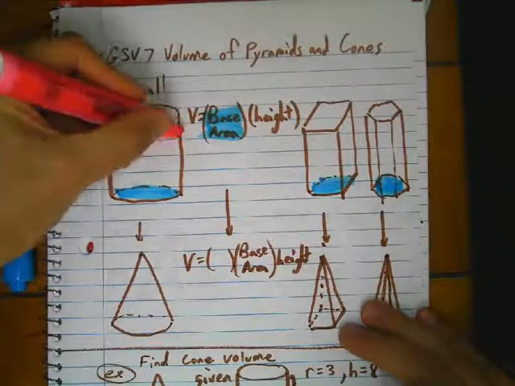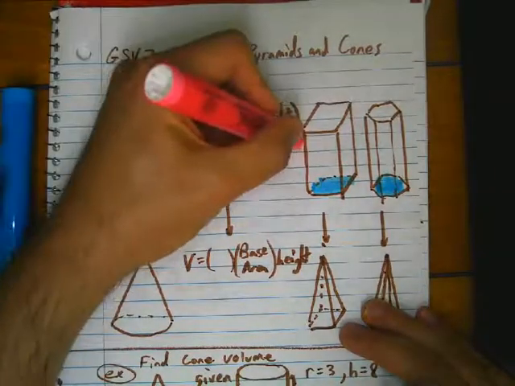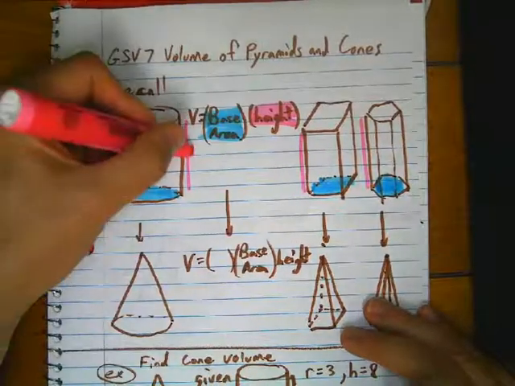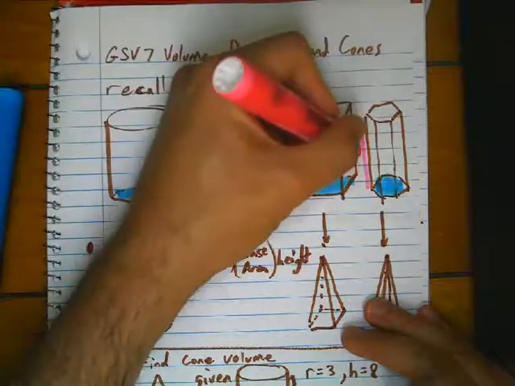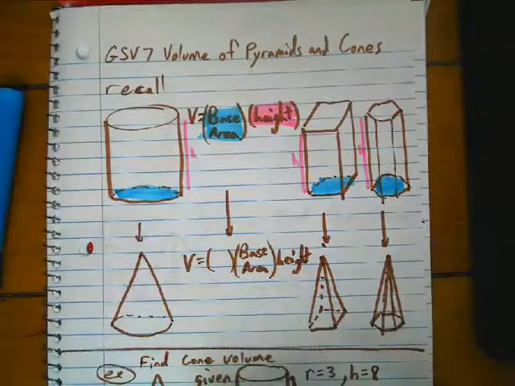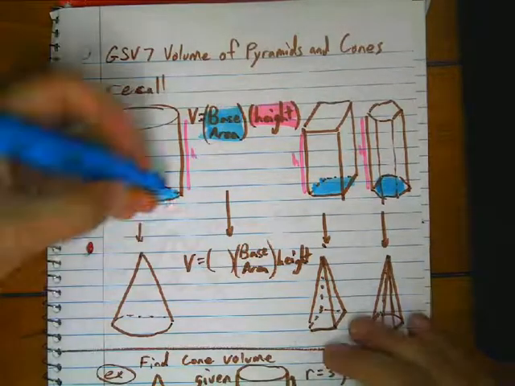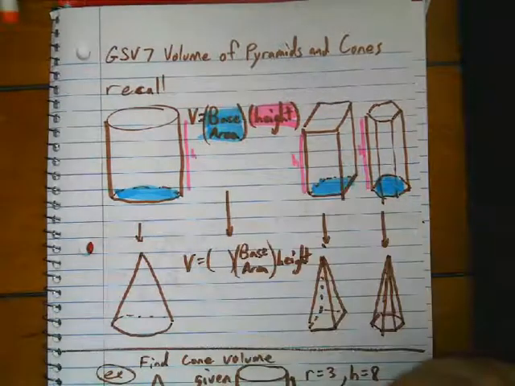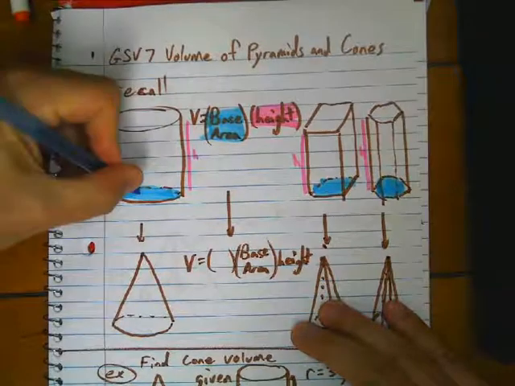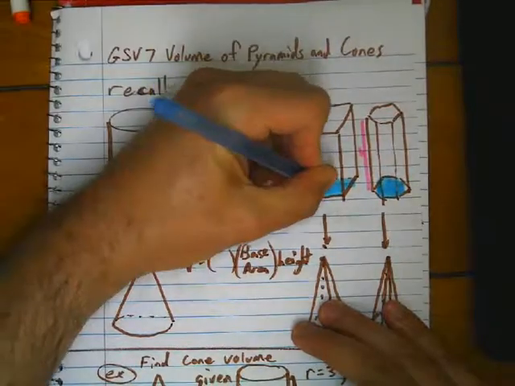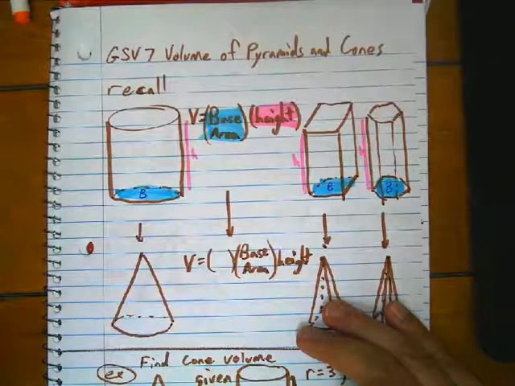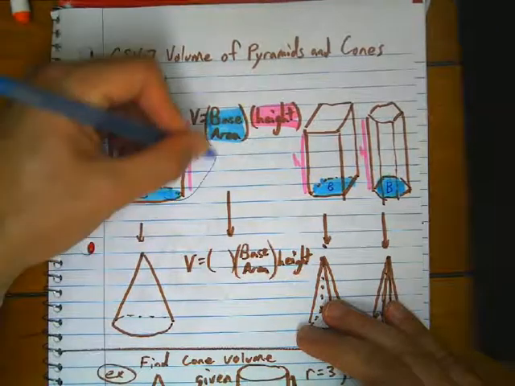And for the area of a base, we often use a capital B. So capital B stands for the area of the base, right?